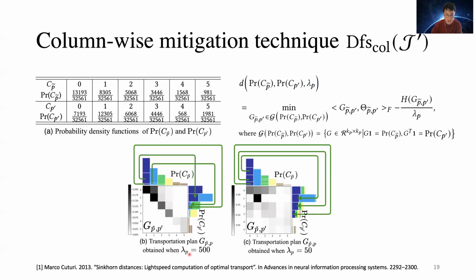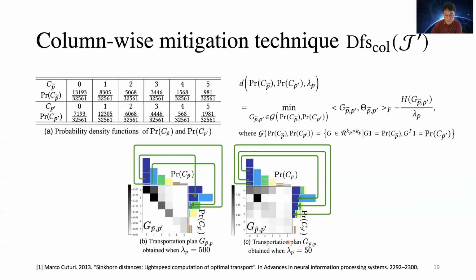We can see that for a higher tuning parameter, the transportation tends to only move the mass of one particular probability to its adjacent entries, but with a smaller lambda, the plan will tend to move the mass of a specific probability to all the possible places.